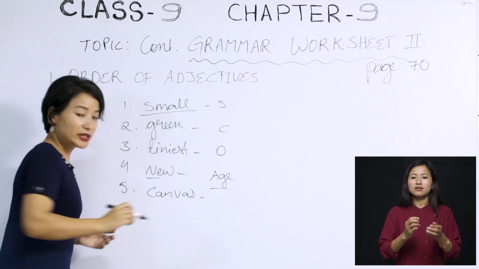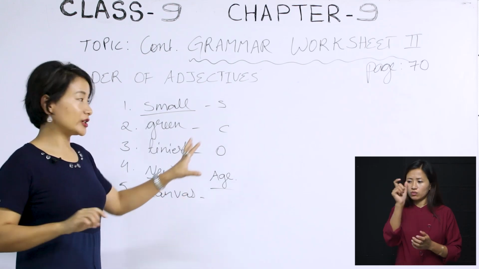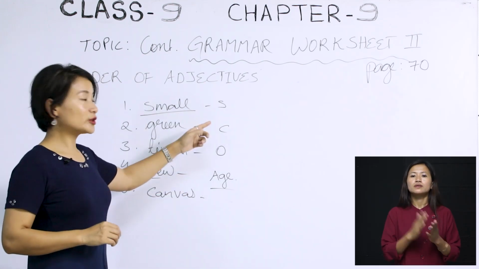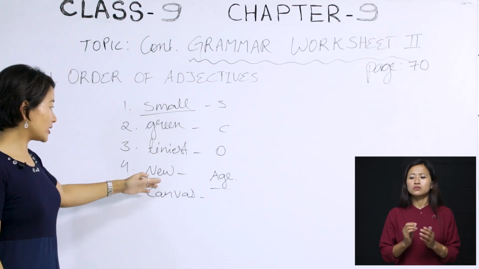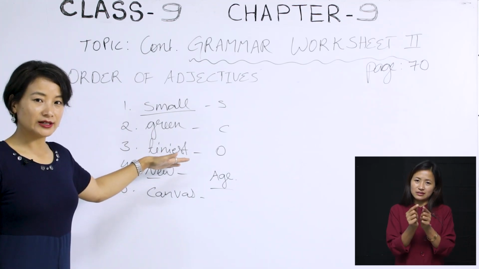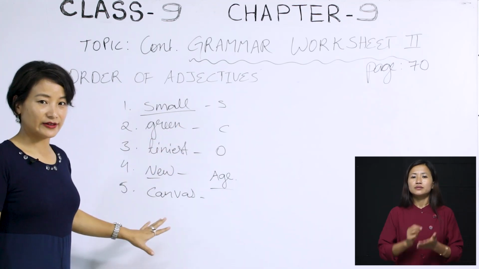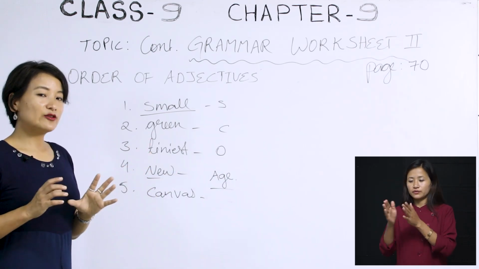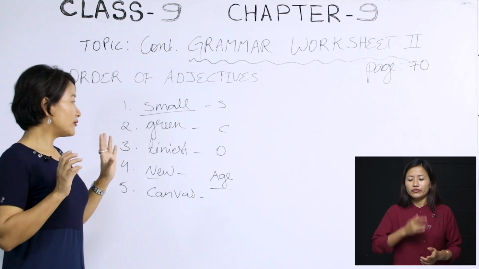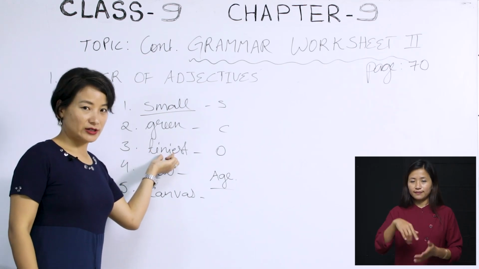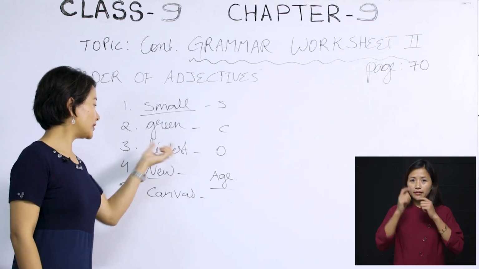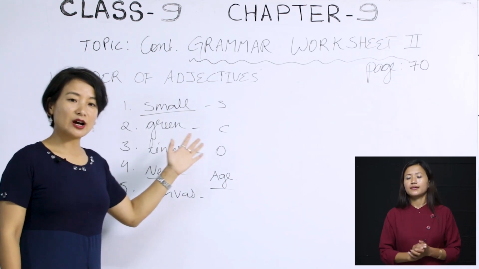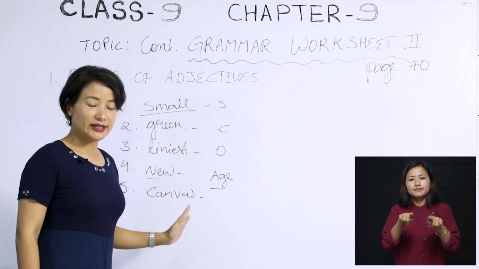So see, with all these kinds of words that you can use to describe it, you may be confused whether to start with small or whether to start with tiniest bird painted on a canvas and so on. So that is the order of sequence. But if you feel that this is the first impression, tiniest, then you can go with that. If you feel that it is new, you can go with that. So that is how it can be ordered in this manner.